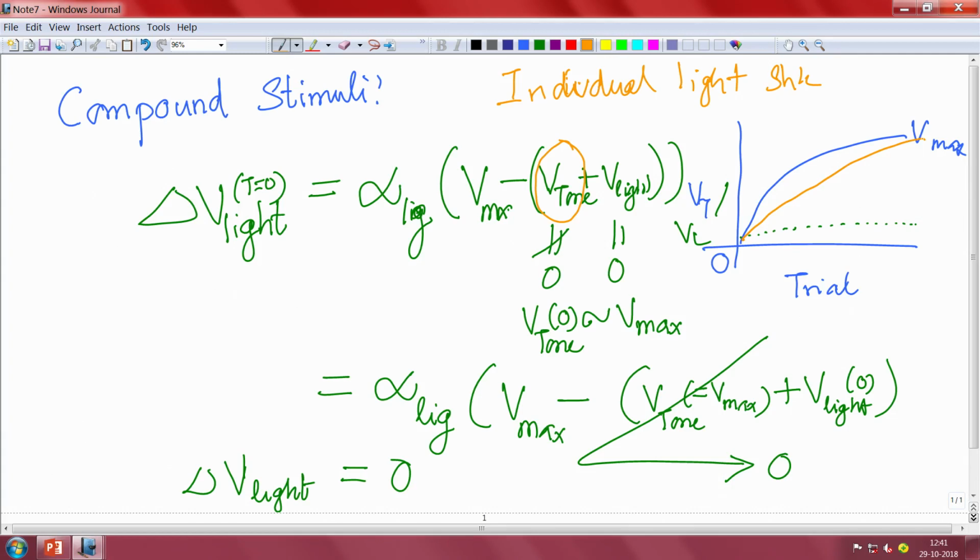However, the key here is when they are presented together: the orange would be the V light, the blue is the V tone, and the dotted green is the compound V tone plus V light, and this is exactly what Kremer saw. The point is that because they are presented in a compound stimuli, the animal is already responding for the tone, and there is no purpose served by the light acting as a CS.